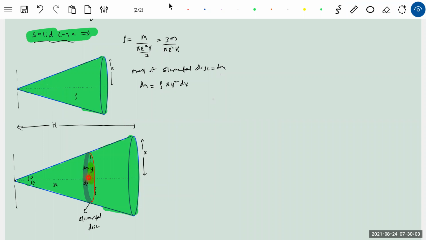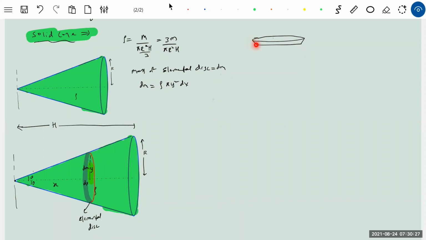Actually, the disk is not a complete disk. Hope you might have noticed here. It is actually like this, no? Since it's a solid, we can assume it to be this one. Actually a slant length will come. This is a slant length. Since it's a solid, we can do an approximation.